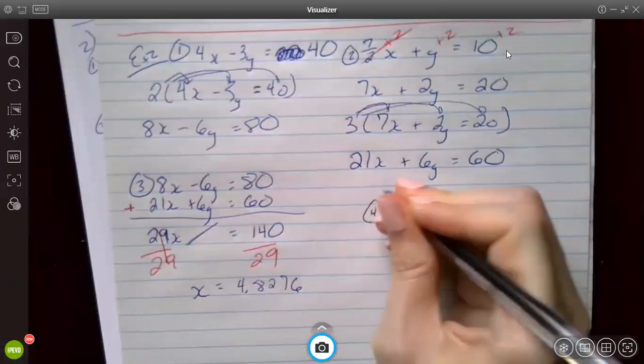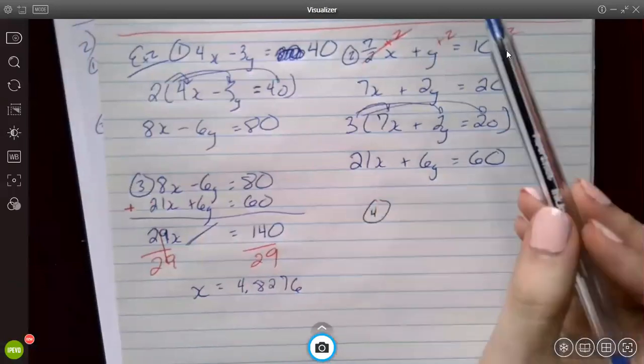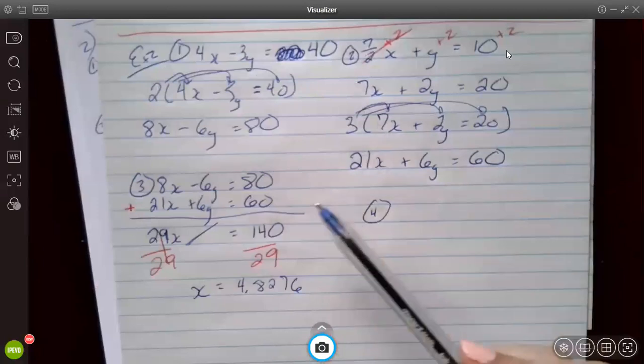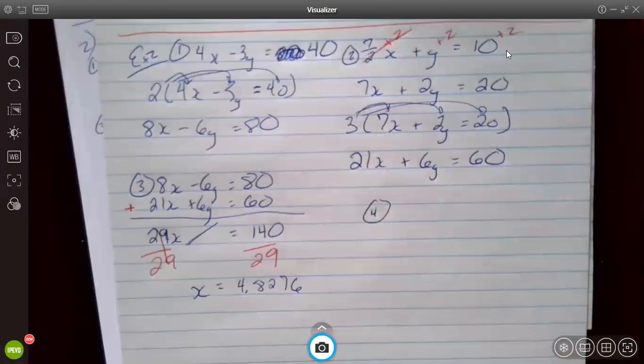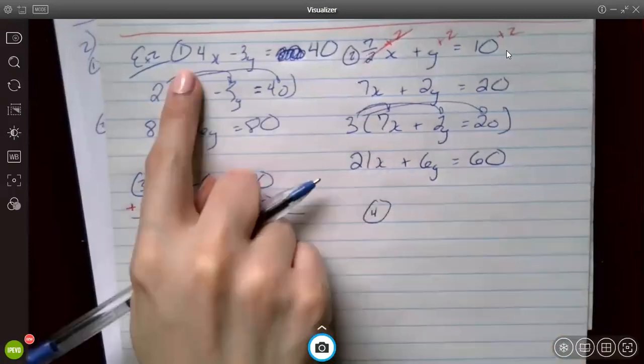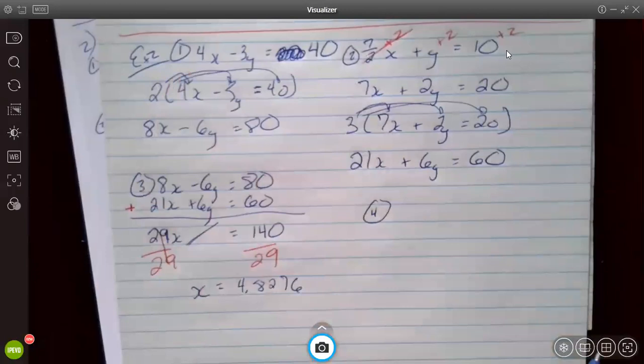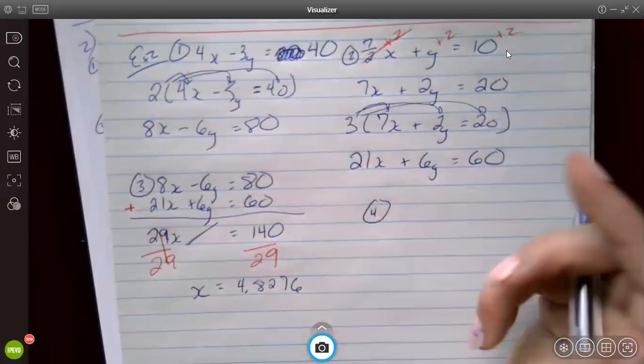So step 4 is to go back to any of our equations and plug in the x value that we just got. So I'm going to go back to maybe this equation up here. It doesn't matter which one you pick.